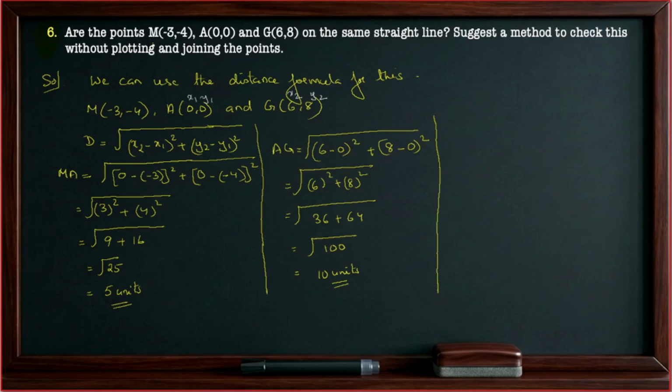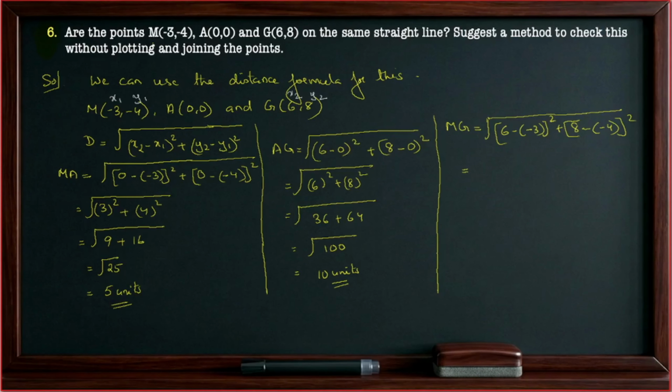Next, we have to find MG. This is x1 and this is y1. So using the distance formula, we're going to substitute the values, that is x2, which is 6, minus x1, which is minus 3, this whole square, plus y2, which is 8, minus 4, and this whole square.